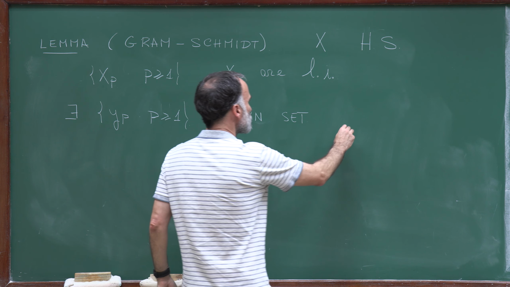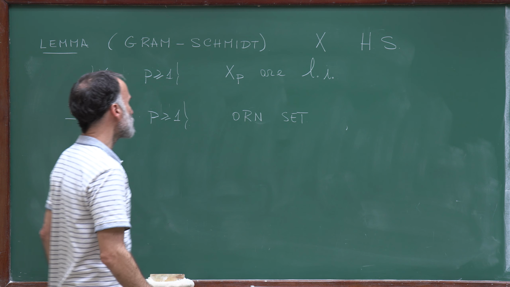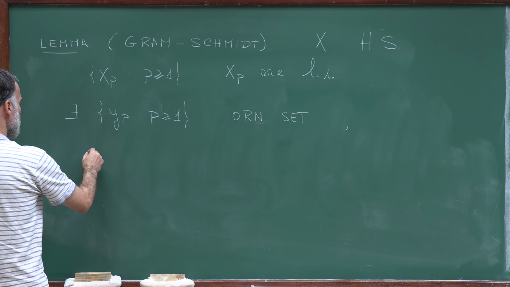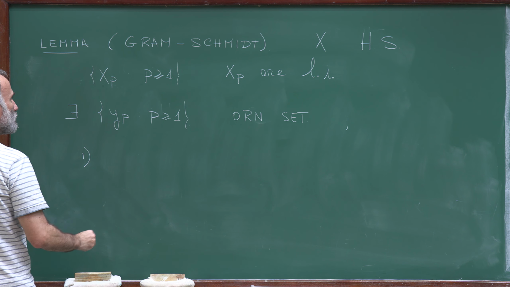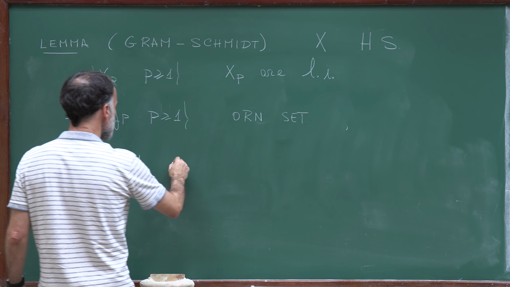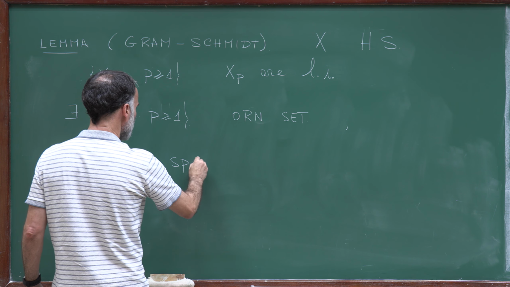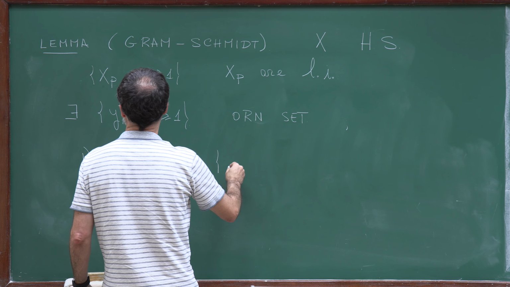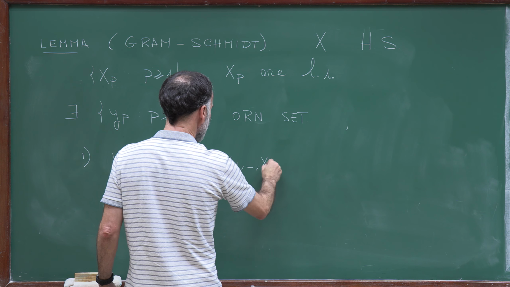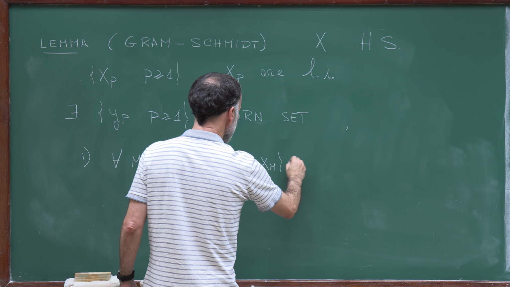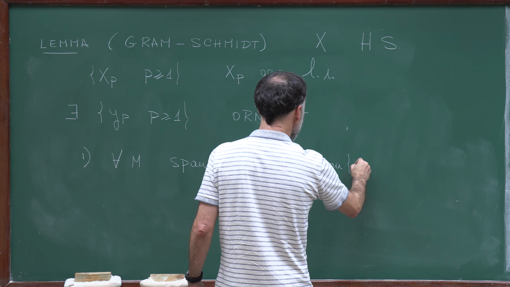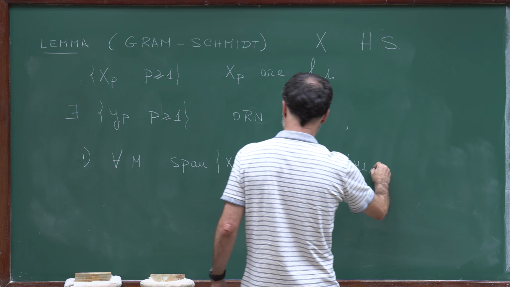And this orthonormal set is such that, what I claim first is that for all m, the span of x_1 to x_m is equal to the span of y_1 to y_m.